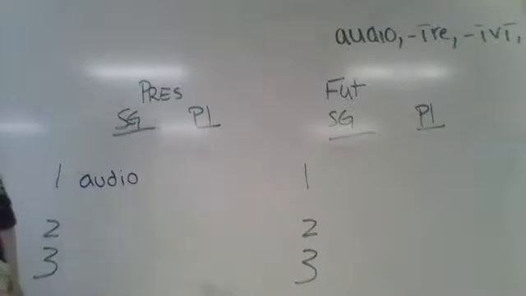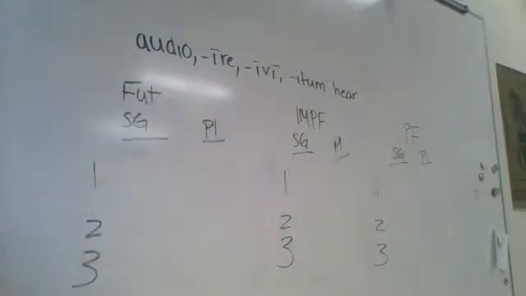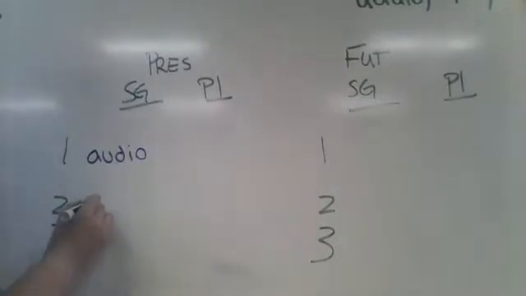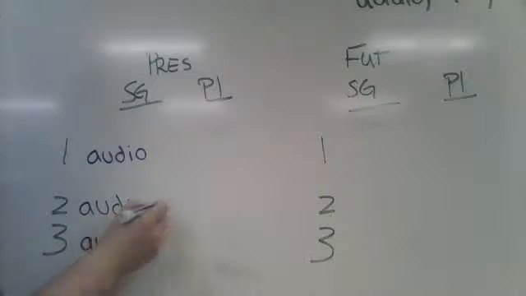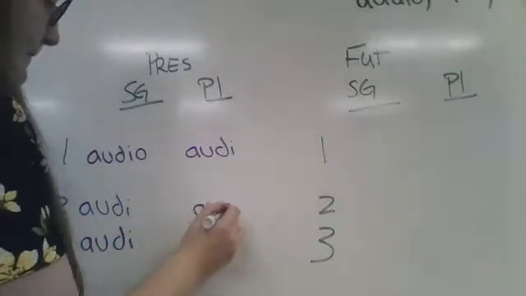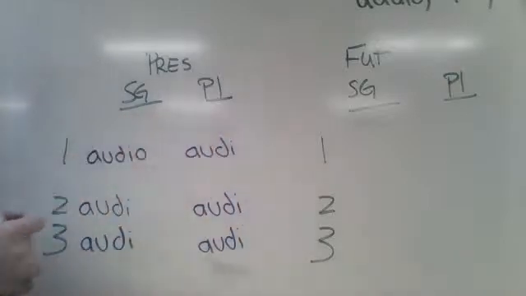Second thing we do, we need to find our stem. As always, we're just going to take off the RE. That way, we're just left with the I. Once we are here, then we can just put on our personal endings.